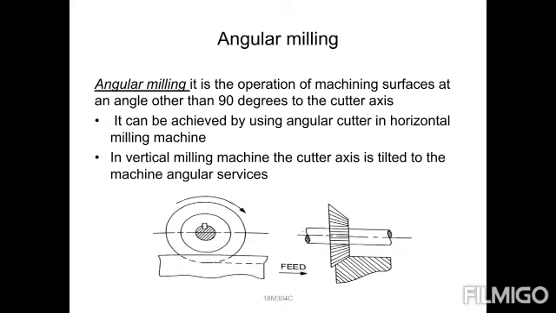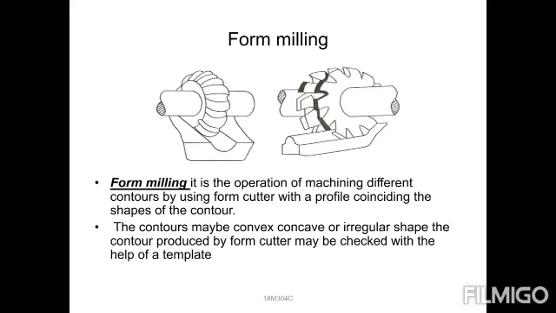Whenever we need an angle of cut on workpieces, we can use angular milling. It can be achieved by using angular cutters in a horizontal milling machine. In a vertical milling machine, the cutter axis is tilted to machine angular surfaces, right? You can observe the figure here. Angular cutters will be provided, and angular surfaces can be produced.